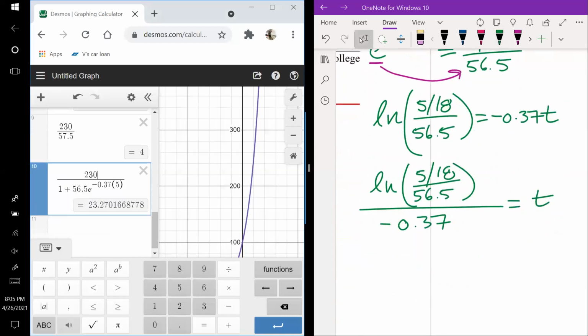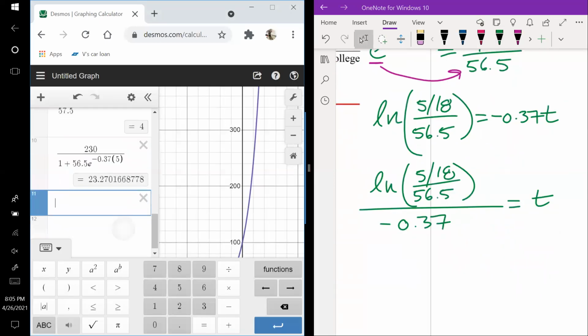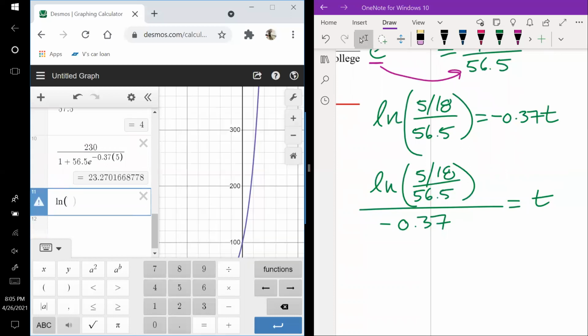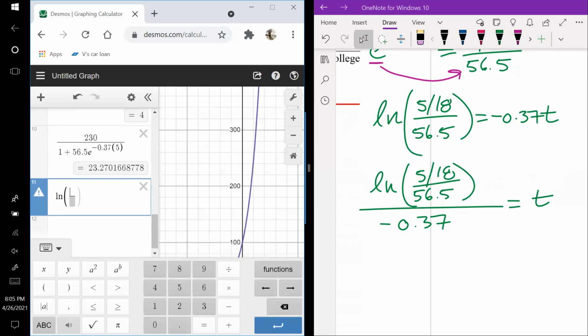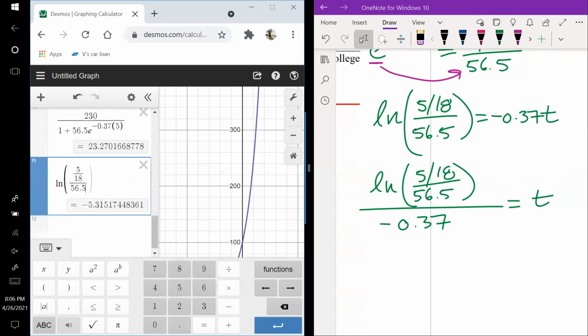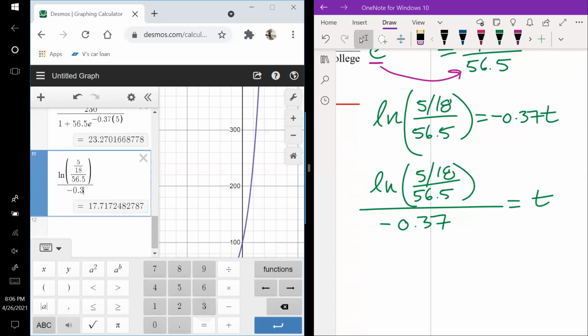And here we go. Type it in just like I see it. Natural log of, you're going to have a fraction here and a fraction there: 5 over 18 over 56.5, over negative 0.37.